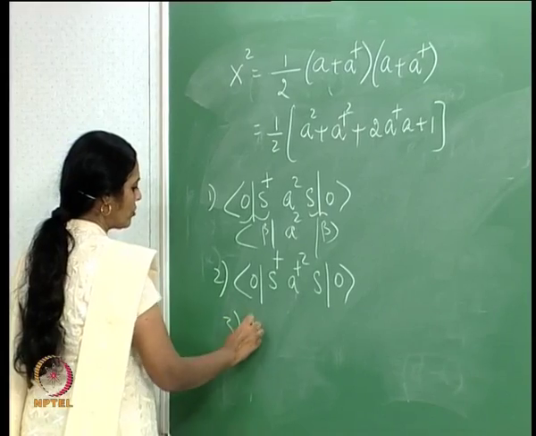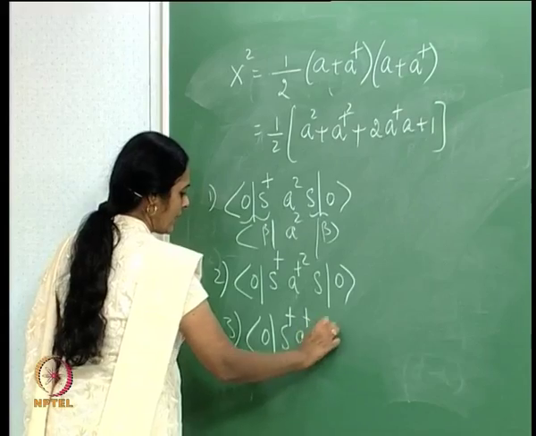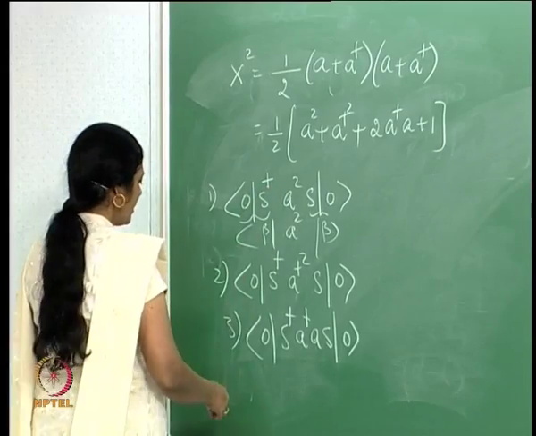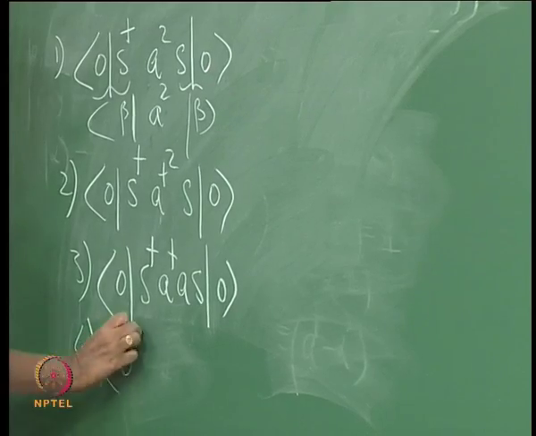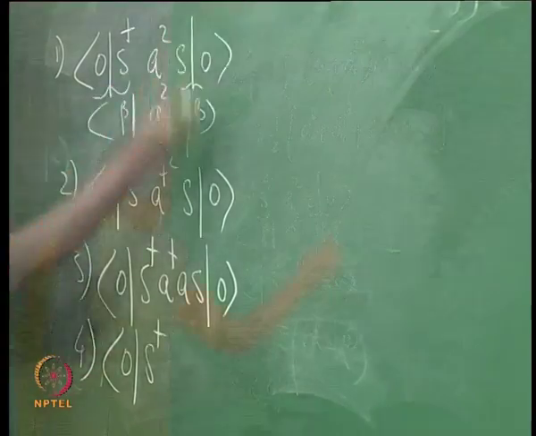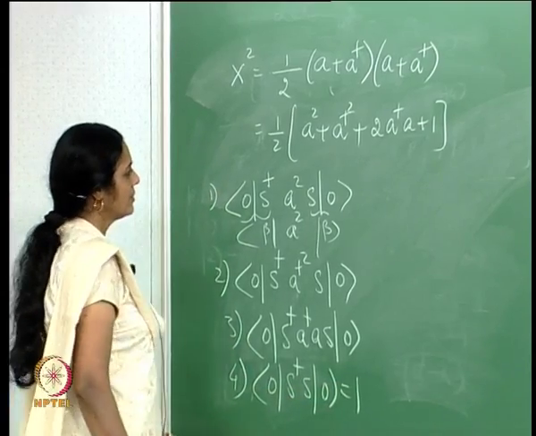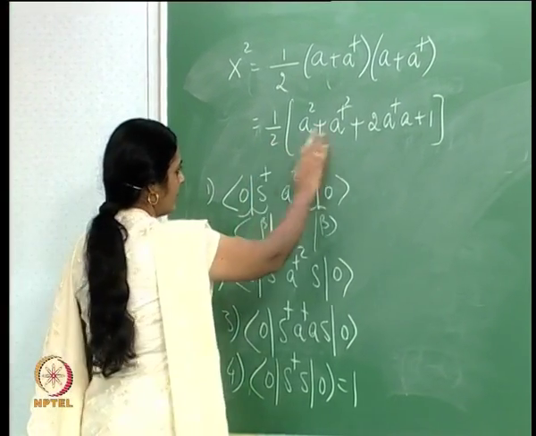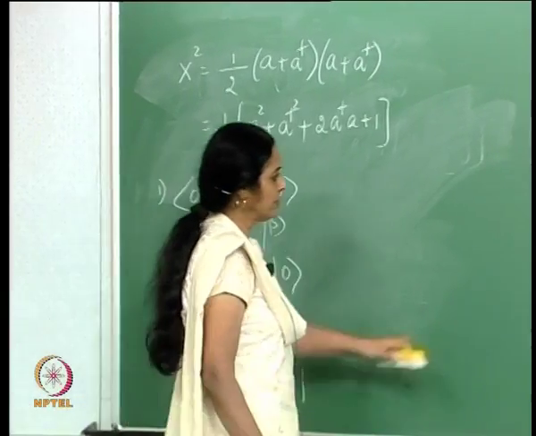The third thing we need to find out is 0 S dagger A dagger A S ket 0. The last term is clear. The last term is simply 0 S dagger, the identity operator, S 0, and therefore this is 1. There is an overall factor of half multiplying these terms. So, we begin with the first term.